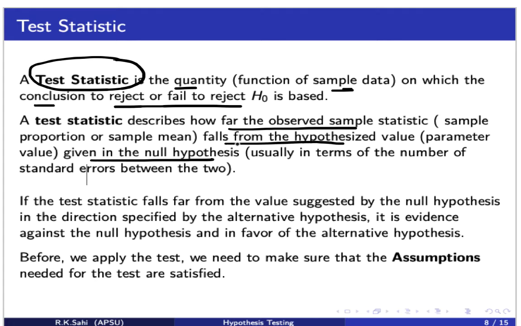Remember the word given, that's an important catch here too. Now, if this test statistic falls very far from the value suggested by the null hypothesis in the direction of the alternative hypothesis, that is strong evidence against the null hypothesis and in favor of the alternative hypothesis.